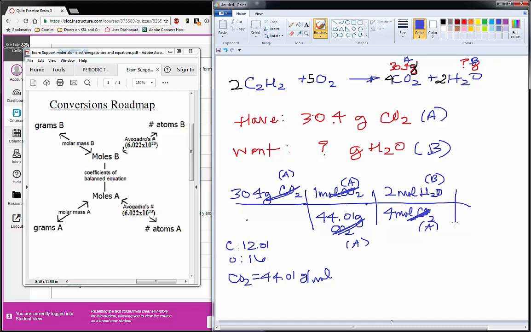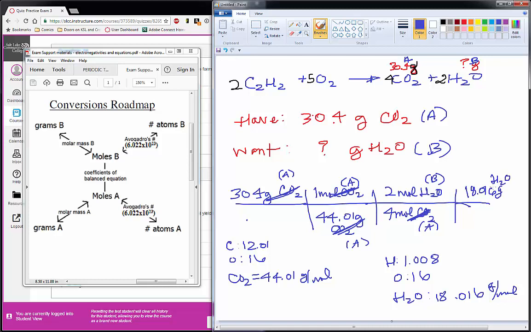So the molar mass of B, I can look that up. I know hydrogen is 1.008 from my periodic table. Oxygen is 16. So H2O is going to be 18.016 if I plug that into my calculator. Grams per mole. And dimensional analysis tells me I better put that on the top.